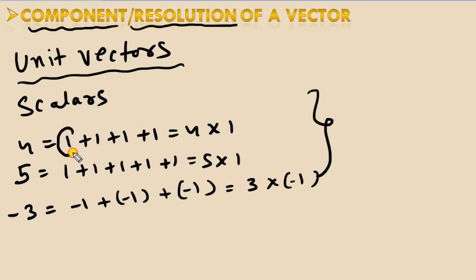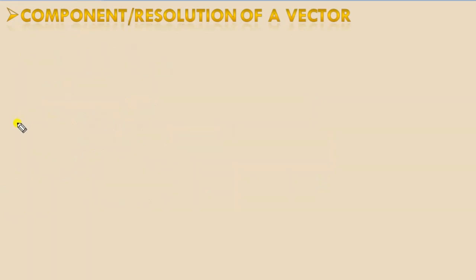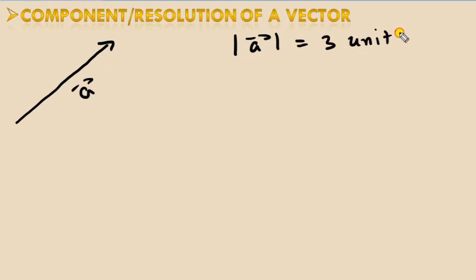Just keep in mind the role of the number 1 while dealing with scalars. We can call 1 a unit, 1 unit. The same role is played by unit vectors while dealing with vector quantities. Let's understand how. Say there is a vector A, and the magnitude of vector A is 3 units. That means the length of the arrow representing this vector is 3 units.